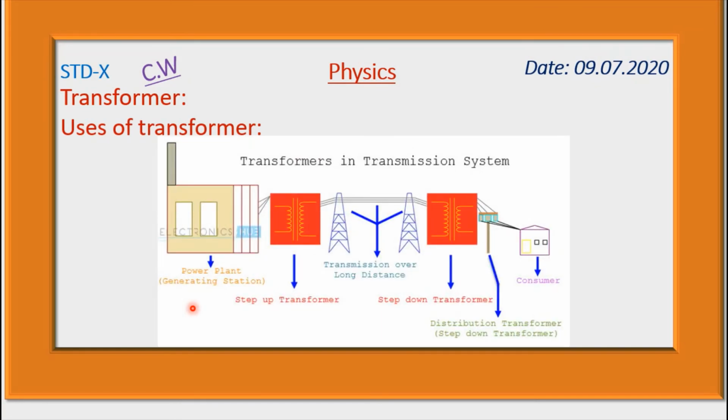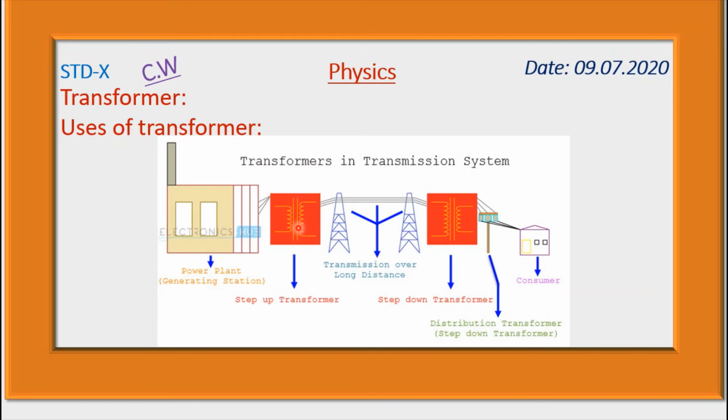Transformers are used in the transmission system when power is supplied from the power station. When power is transmitted from the power generating station, the electric power is transmitted at a high voltage, and to convert to a high voltage, a step up transformer is used.